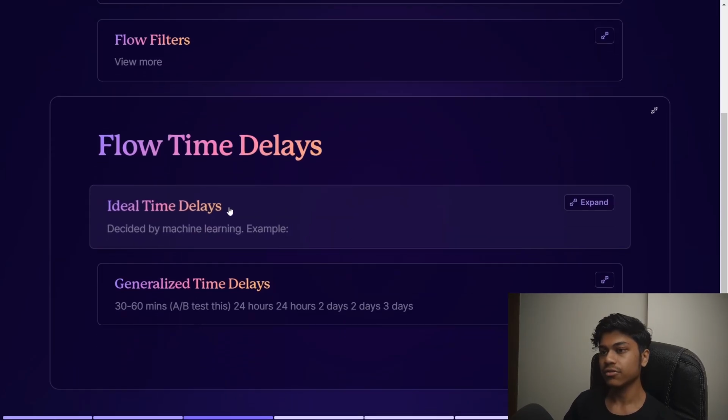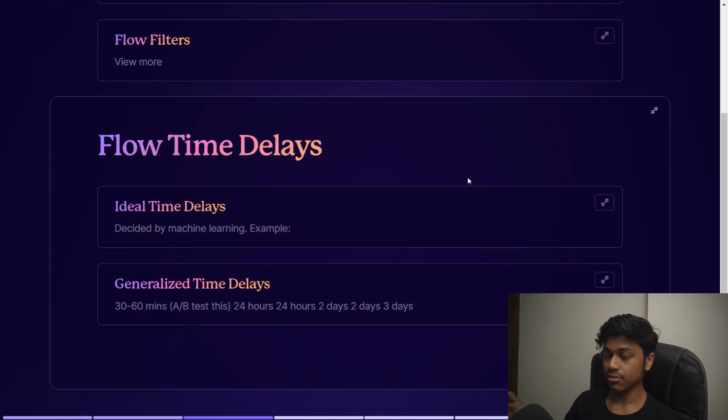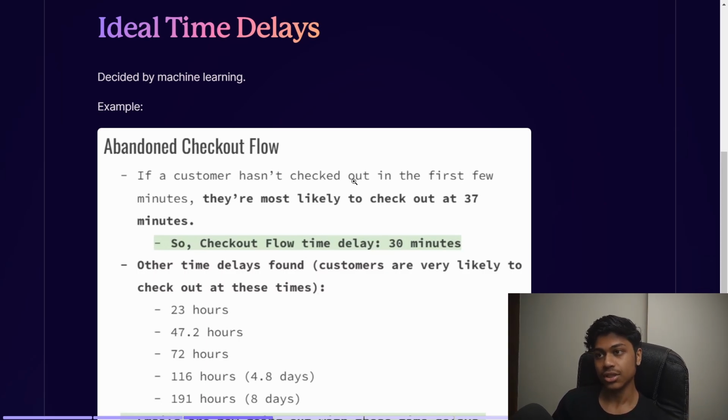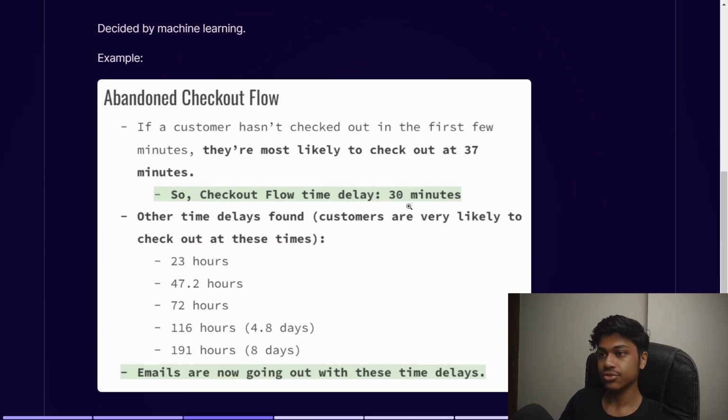Finally, you have the flow time delays. Now this is 2 different types of time delays that I'm going to show. Over at my agency, Valorize Media, what we would do is we would use the customer's data and use machine learning or data science, the cool kids call it AI these days, but really it's just machine learning, a bunch of mathematics and statistics and code on the customer data and behavior data to figure out exactly when to send the emails.